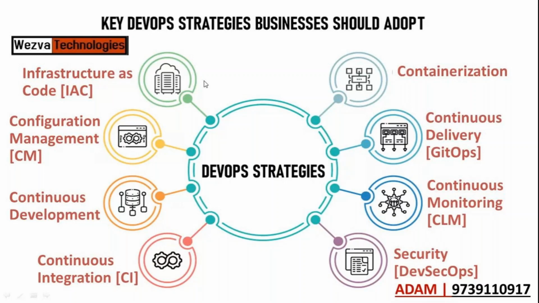Okay, but typically, as I said, when you go to the market, any company implementing DevOps has to be aware of and will be using all these best practices, or 9 strategies, in order to get the benefits we were talking about: time to market, scalability, feedback, and stability of your environment.